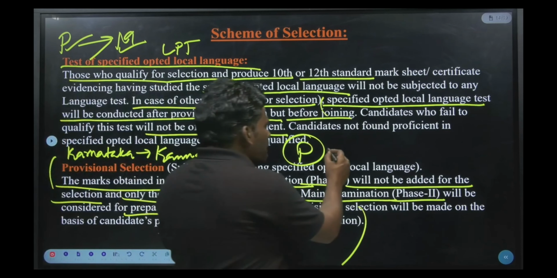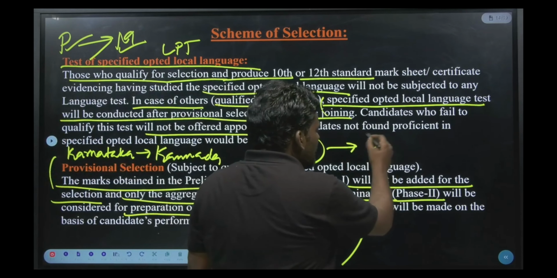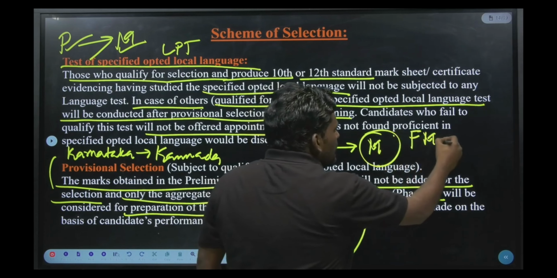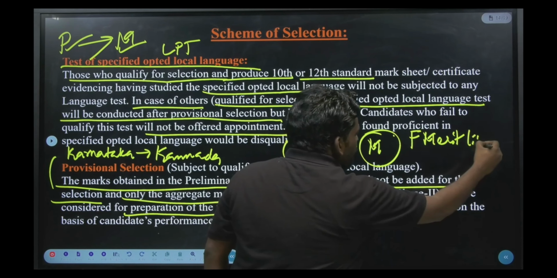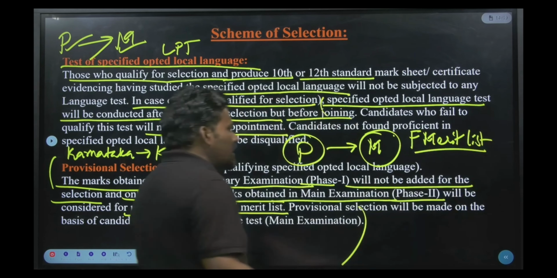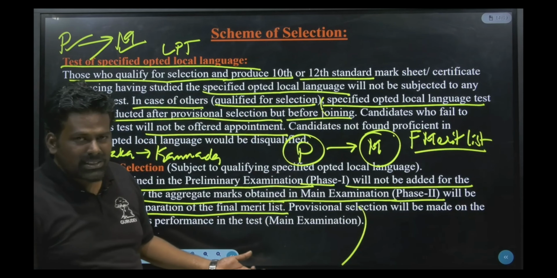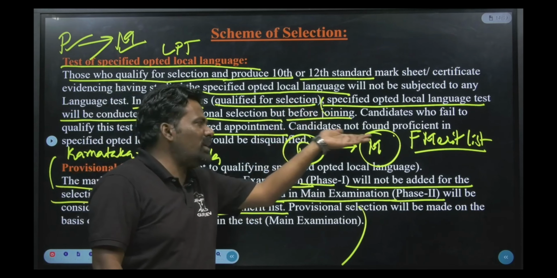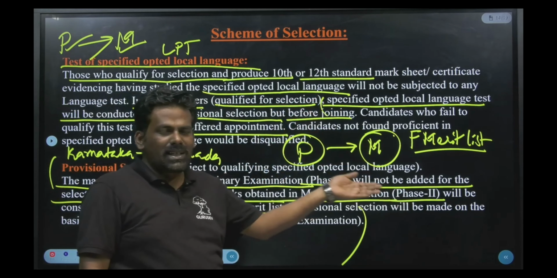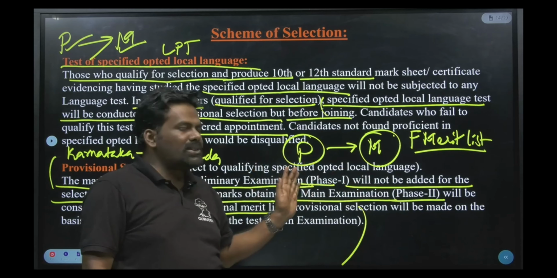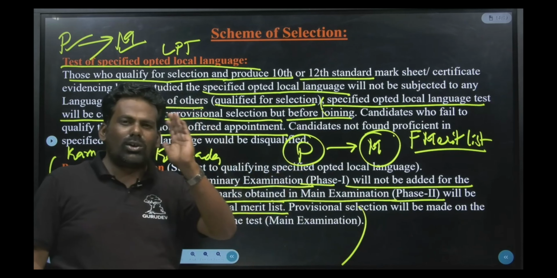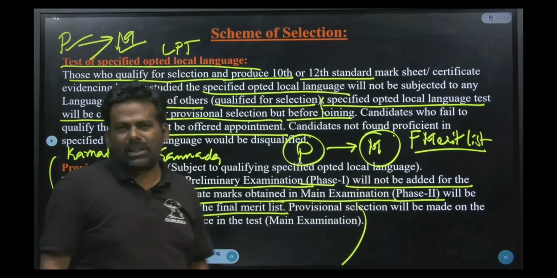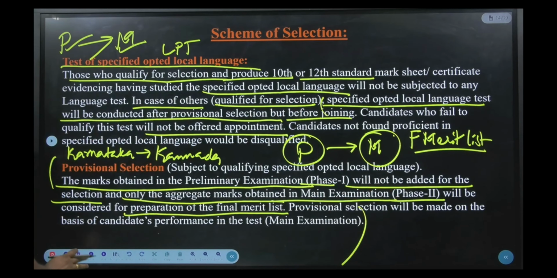Whatever marks you have obtained in the mains examination will be considered. So this is very important. It doesn't mean that you should score less in the preliminary examination, because the person who scores more marks will be eligible for mains. As simple as that. So doesn't matter whether considered or not, your aim should be to score more in all the examinations, correct? Keep this in your mind.